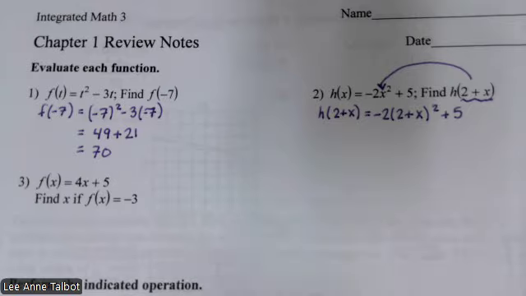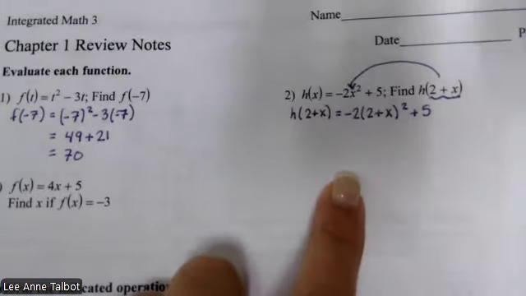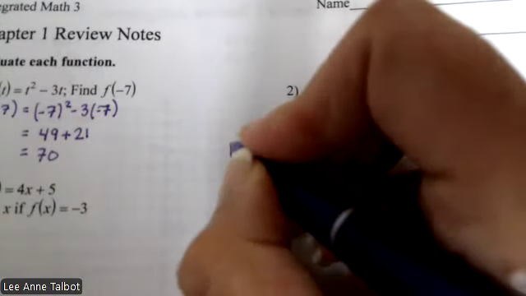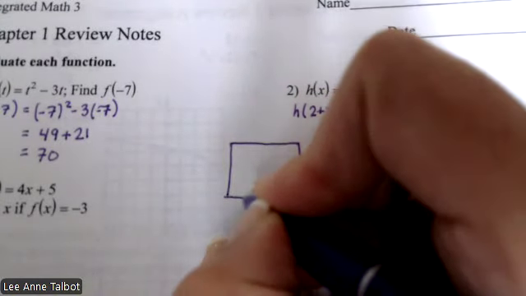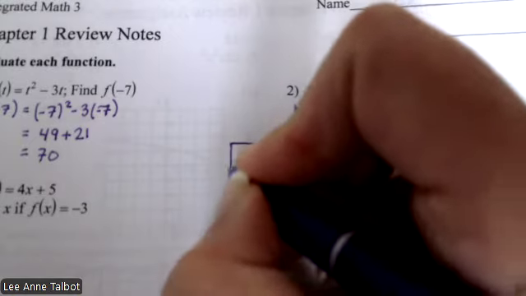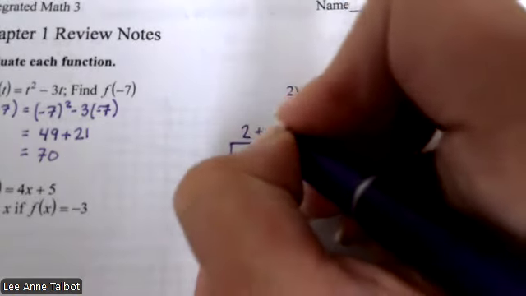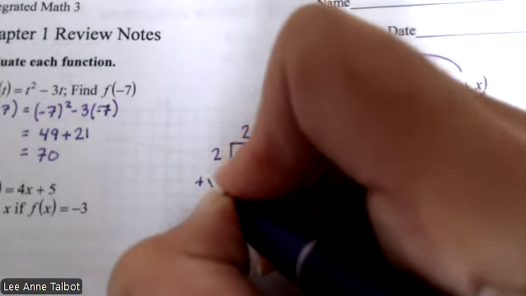So 2 plus x gets plugged in for x. Then we need to do a box. And the box will be for this part right here. So 2 plus x, 2 plus x.